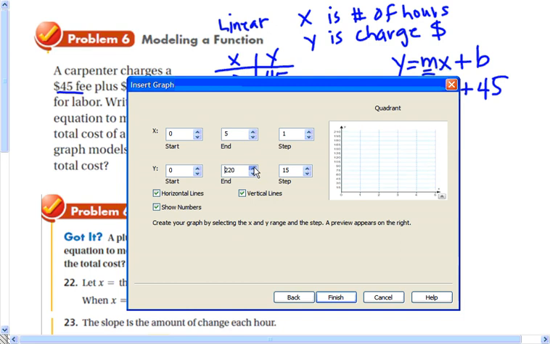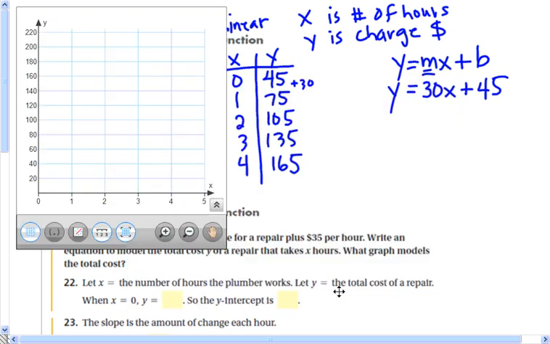Maybe we'll go to 225. All right. So there's my graph. And I know that when x is 0, y is 45, so that's about right there.